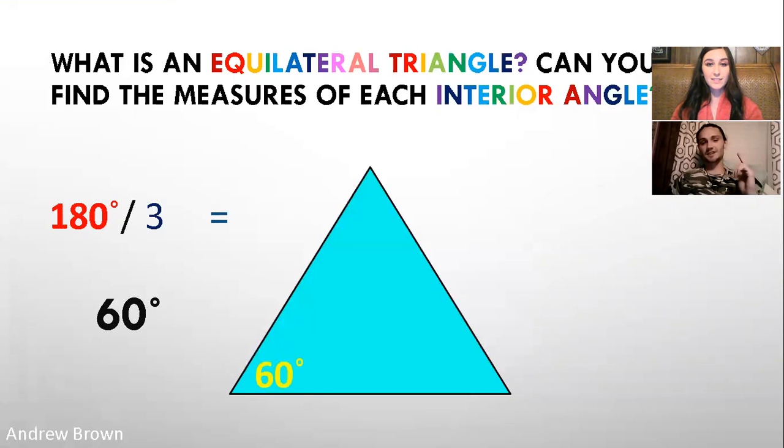And that's going to equal the degrees on each corner of the equilateral triangle. That's really cool. So it'll be like that for every equilateral triangle? Yes. That is so cool.